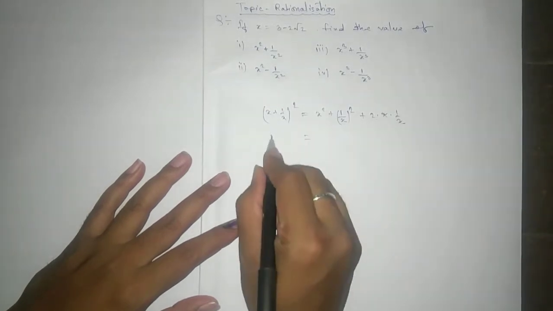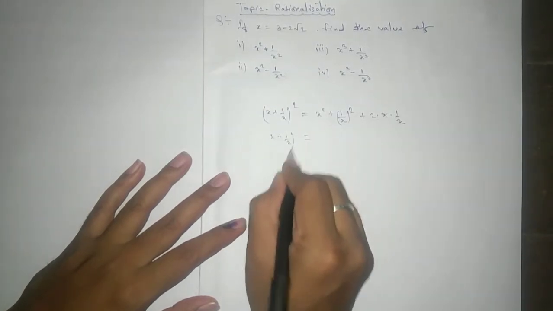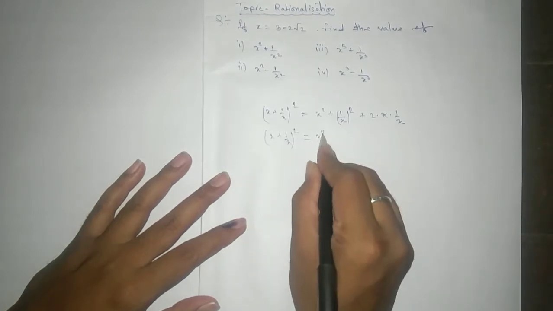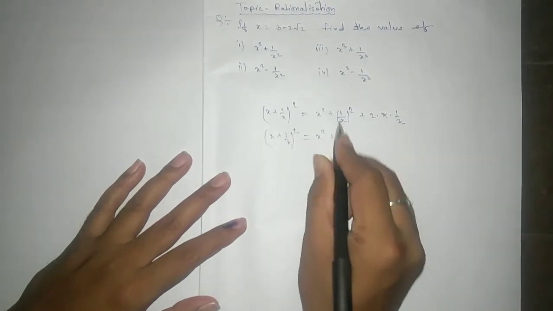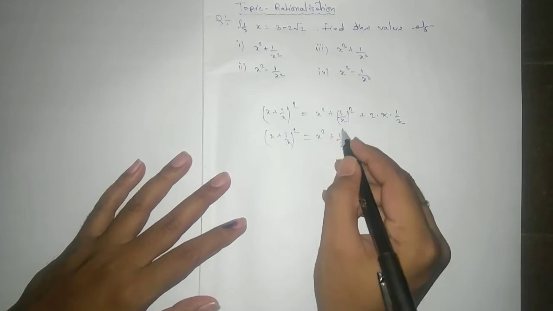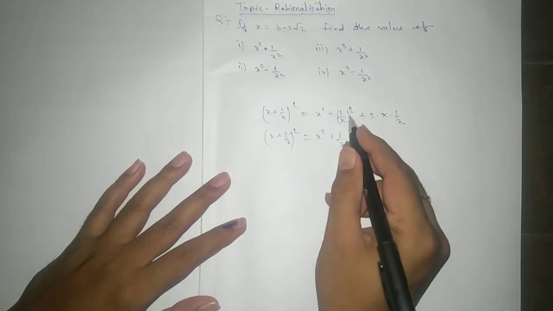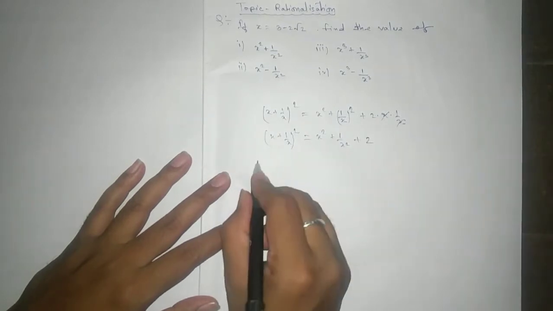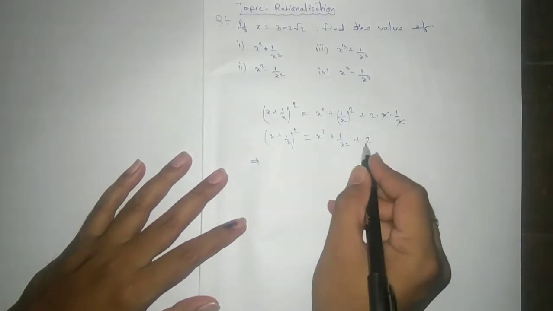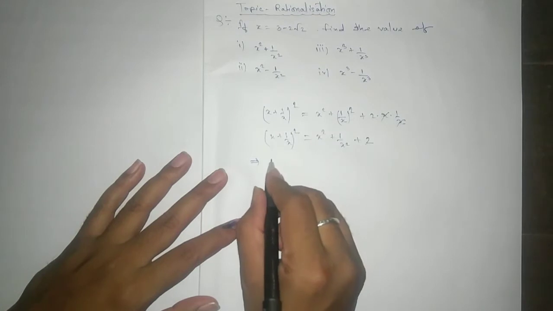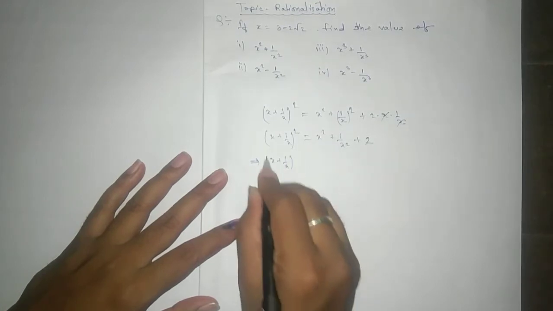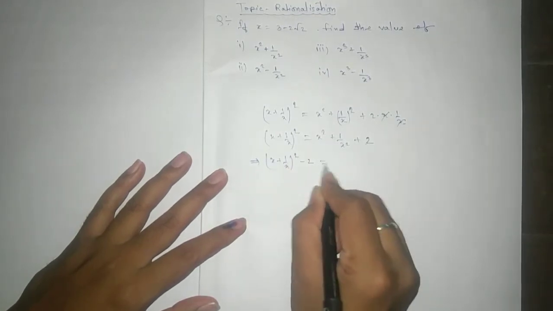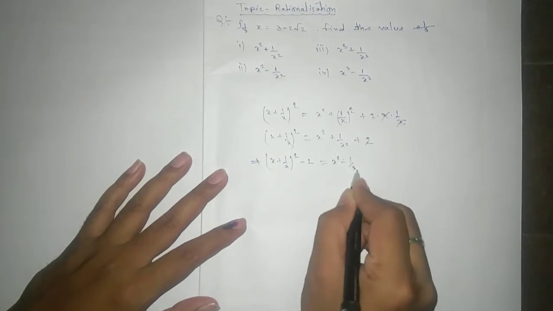So here we are getting x plus 1 by x whole square, and this side we get x square plus 1 by x square. You can see that the x and 1 by x cancel and we get 2. This means if we take this to the other side, we get x plus 1 by x whole square minus 2.